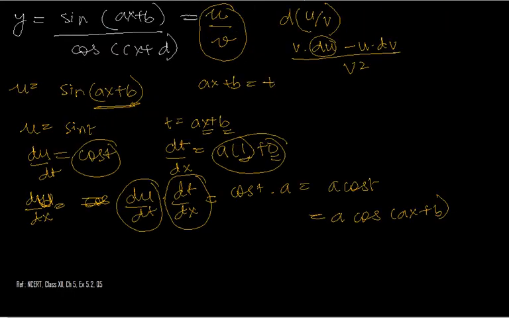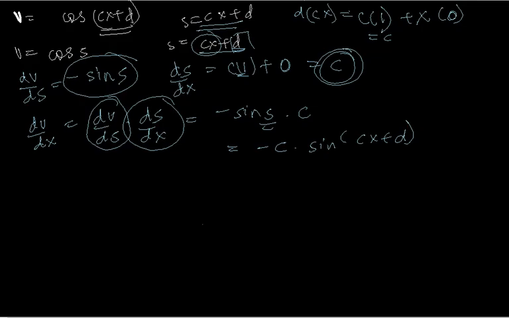Now remember that this is your derivative, which is v into du by dx minus u into dv by dx upon v square. We said that your y is equal to u upon v.